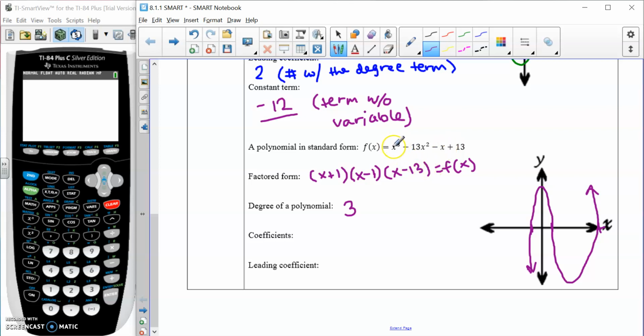So here, there's just going to be an imaginary 1 wherever there isn't a number, so like in these two spots. So we know we have a 1, we have a -13, and we have a -1. Our leading coefficient belongs with the x cubed because that's the one that has the degree in it. So 1 is going to be our leading coefficient.